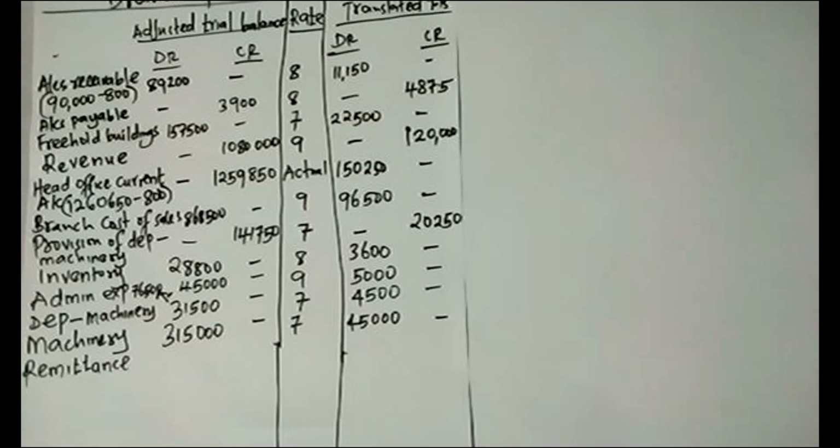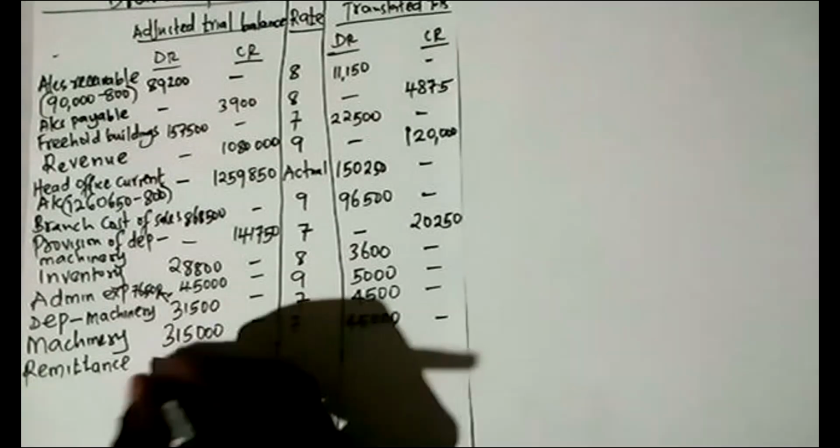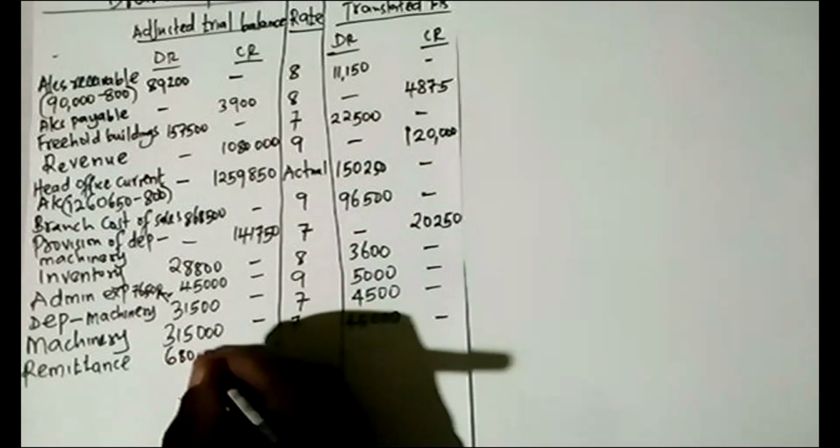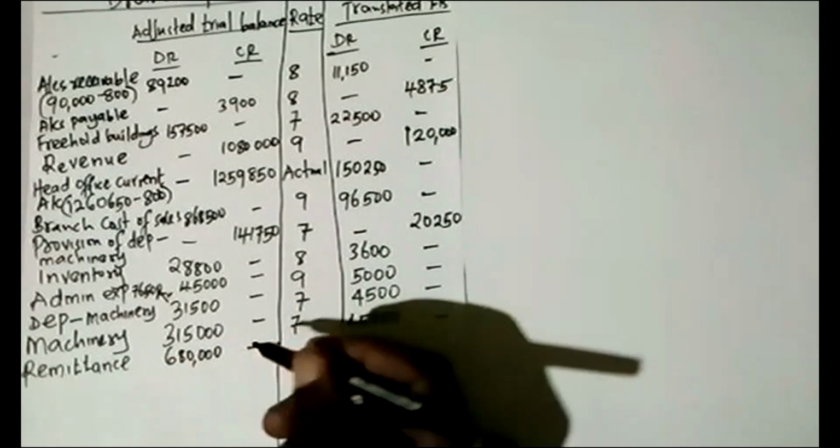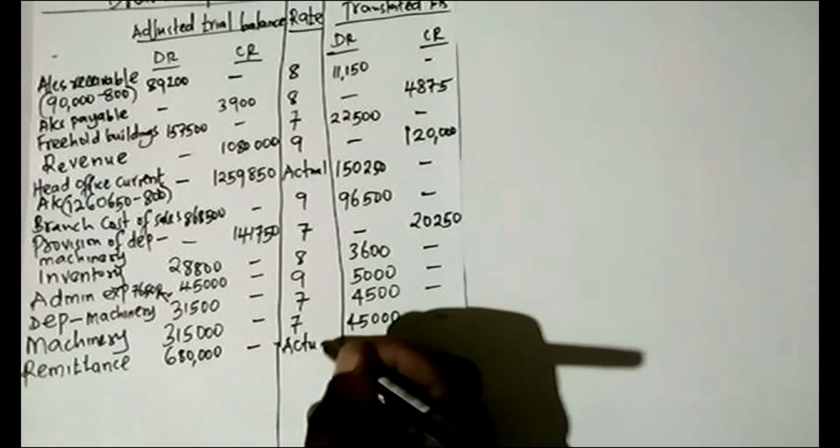Then the remittance, which was given here, was 680,000. So this one again uses the actual.